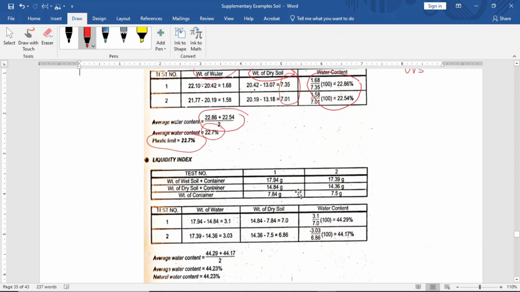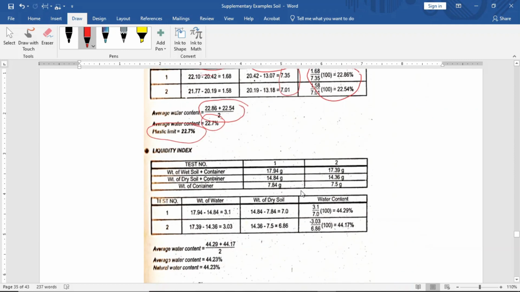Next naman natin i-solve is liquidity index. Katulad sa plastic limit, computation lang tayo. Hindi tayo gagamit ng chart or ng flow curve katulad sa limit. Sa liquidity index natin, dalawa lang yung test ulit, 1, 2.